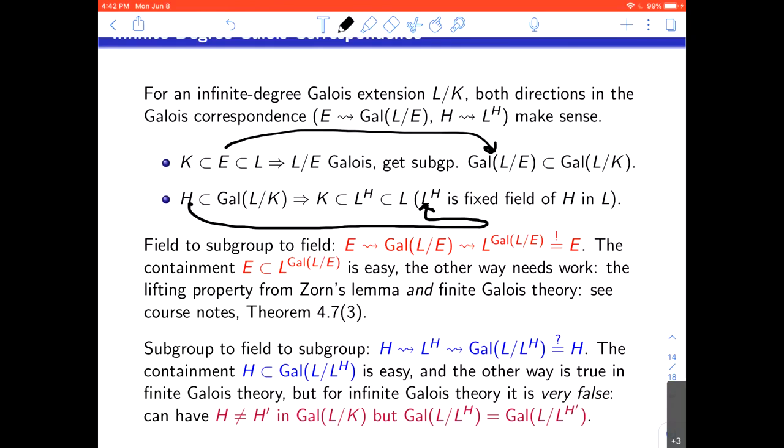The bottom line is, if you iterate the Galois correspondence starting from a subgroup and come back to a subgroup, you might wind up at a bigger subgroup. As I say at the bottom there, you can have 2 different subgroups which, when you iterate it twice, wind up at the same subgroup that's different from both of them.